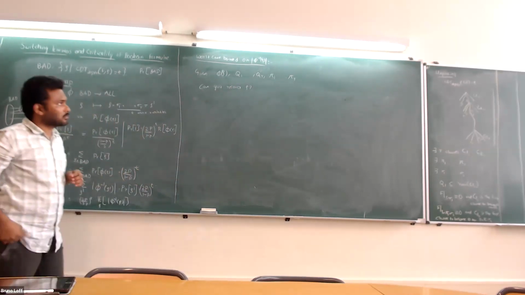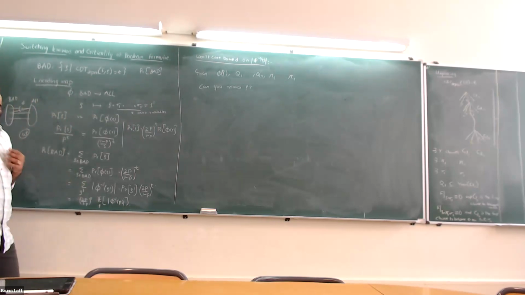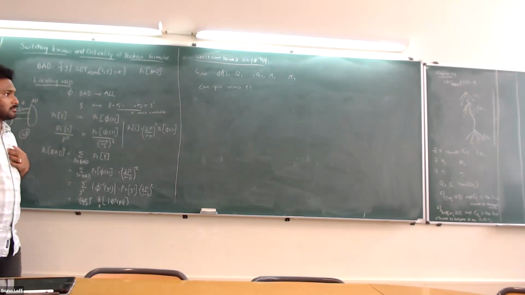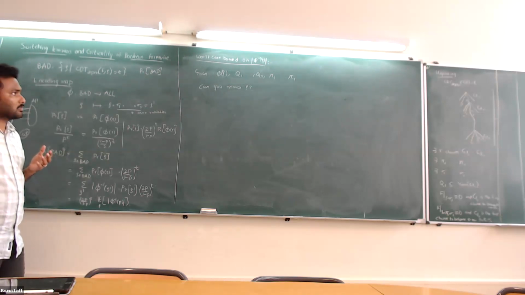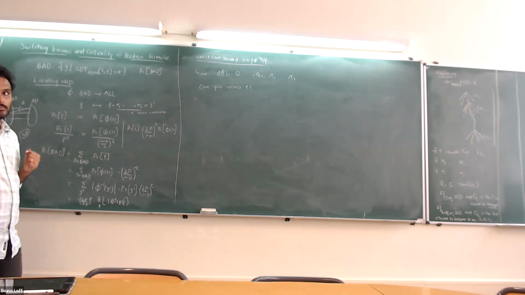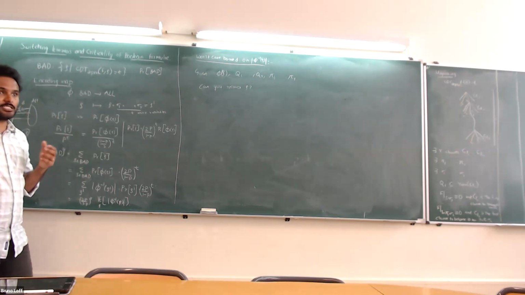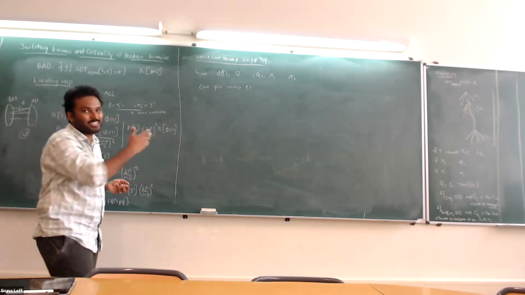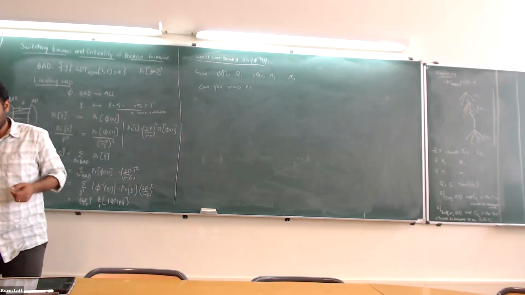Oh, wait. Yeah, of course. So we have to figure out... Q1 to Qr does not specify the clause. It just gives you... okay, how am I specifying these again?